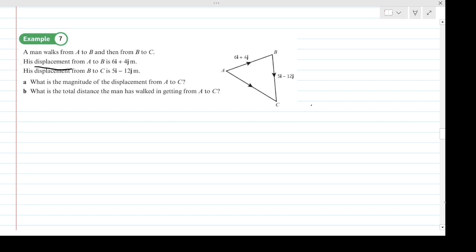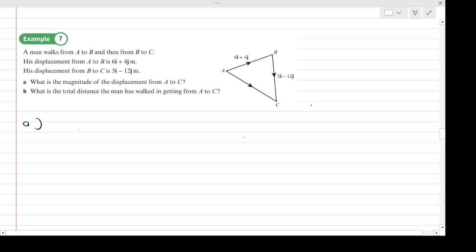So 6i and 4j means we go 6 across and then 4 up. Okay, it just tells me the direction to go. The displacement from B to C is then 5i minus 12j. Then it says for part A, what is the magnitude of the displacement from A to C, which is this vector here.